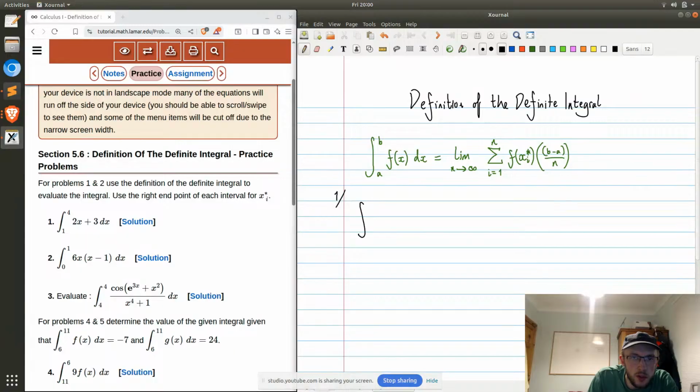Okay, so the definite integral from 1 to 4 of 2x plus 3 dx. No, that should be... So first, let's just compute it in advance, because we already know how to actually do this.